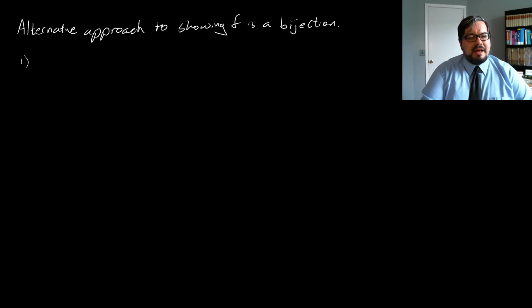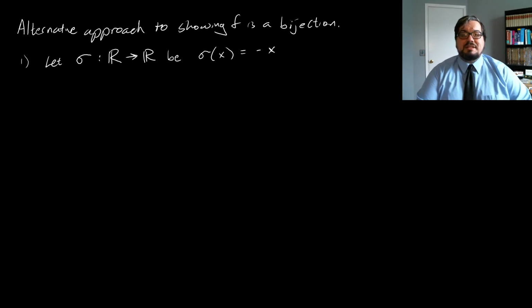Let sigma from the real numbers to the real numbers be given by sigma of x equals negative x. So sigma is just the function that multiplies by negative 1.